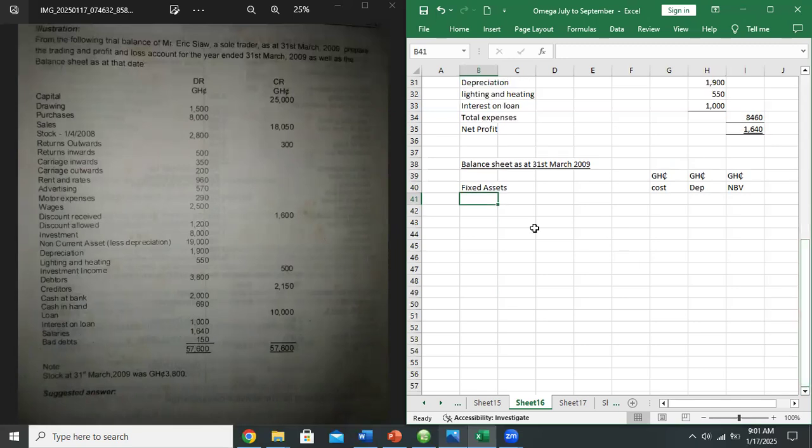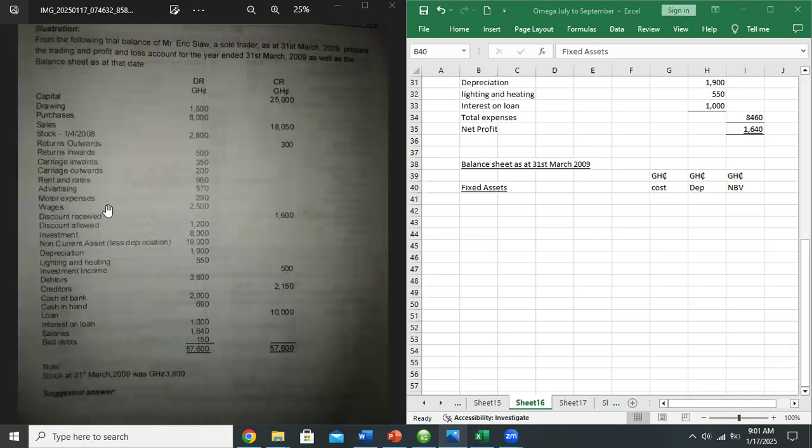Okay, so professors, let's pick the fixed assets from this trial balance. And who's going to assist us pick our fixed assets? If you are ready, you can put up your hand. I call you and you share. Fixed assets. Yes, professors. Your trial balance is looking right at you.